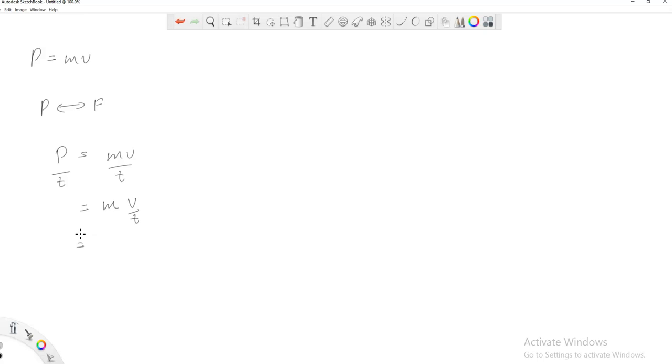So when you apply a force on a moving object, you can change the velocity. It could be a directional change or a magnitude change. Usually mass doesn't change. If it is a moving car, the mass doesn't change, right? So by applying a force, you can change the velocity.